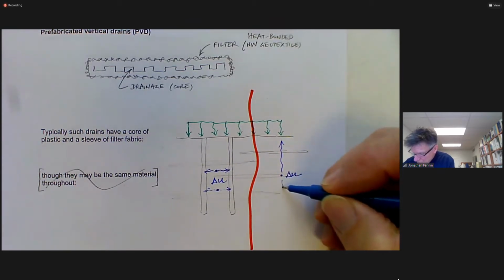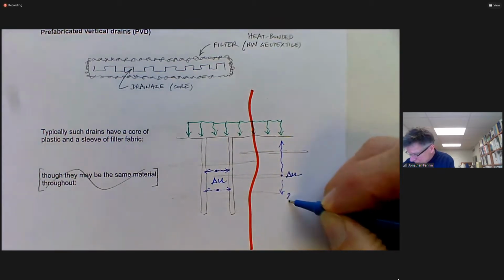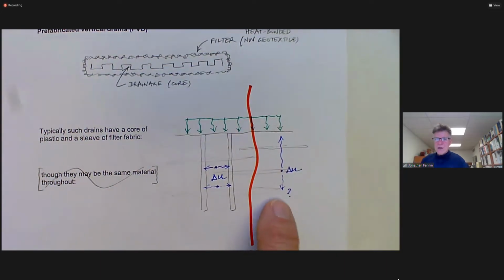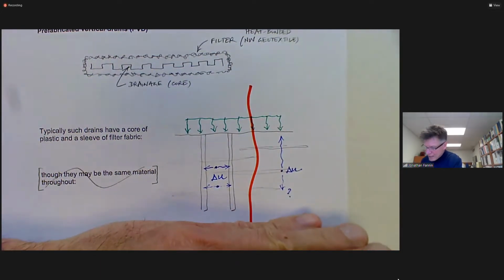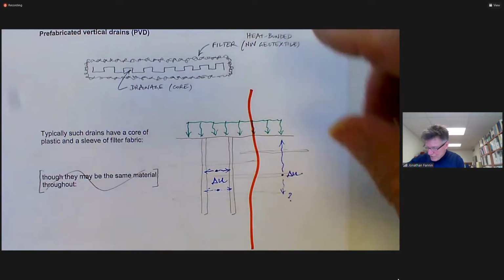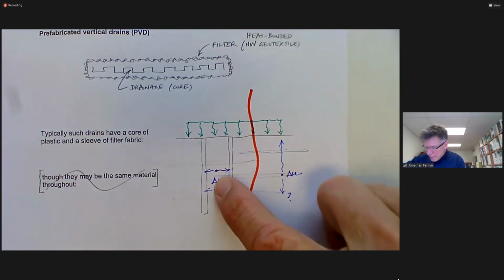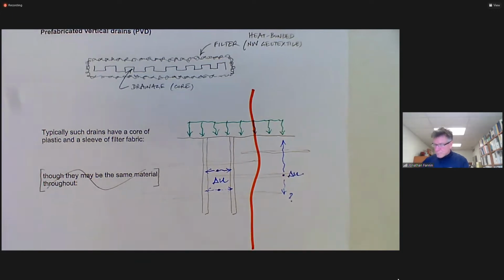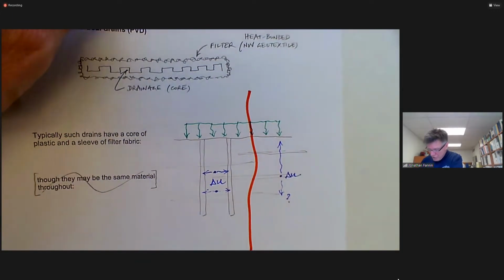And it may or may not drain downwards, depending on what is the stratum at depth. If we had a sand stratum at depth, of course, it could drain downwards as well. So the expectation, the system response, is such that this will accelerate the consolidation settlement.